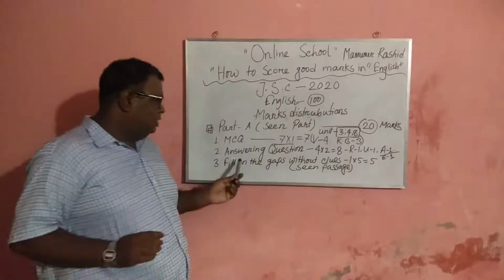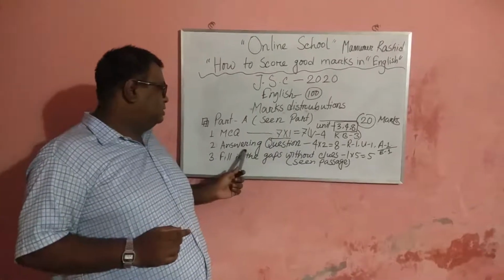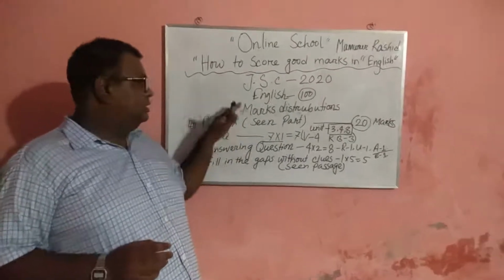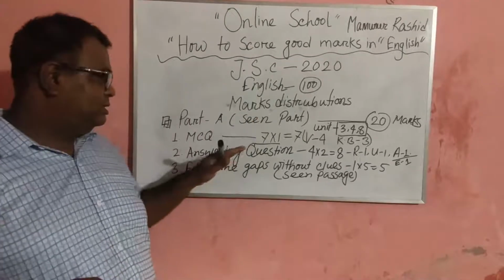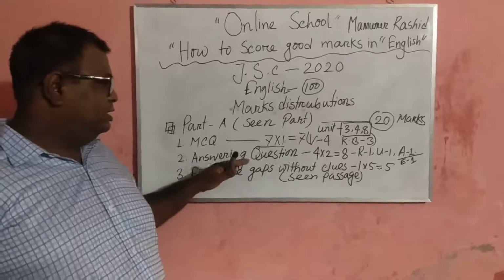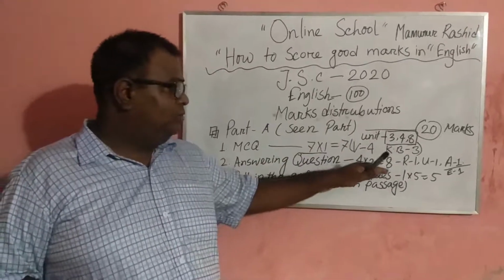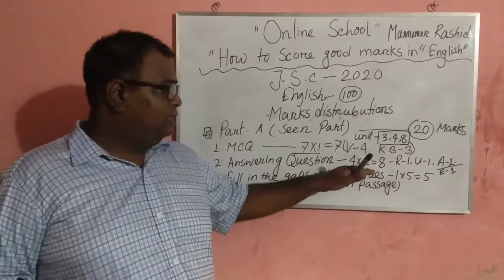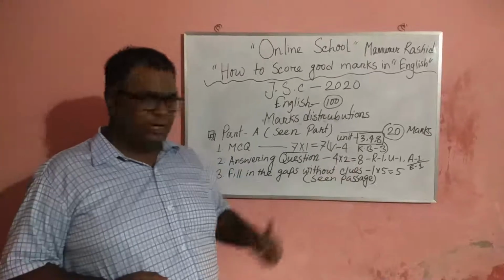Okay, and then you have to answer the questions. There will be a seen passage, and on the basis of the seen passage, you have to write answers to the short questions. The mark will be 8, and you have to answer only 4 questions, and every question has 2 marks.